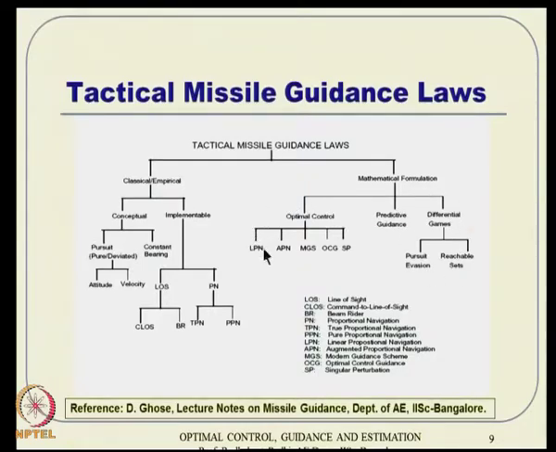Largely, we will concentrate on optimal control based things, and then in subsequent lectures we will talk a little bit about predictive guidance, which is very effective. Okay. Anyway, coming back to that, the classical and empirical thing can also be classified in two ways.